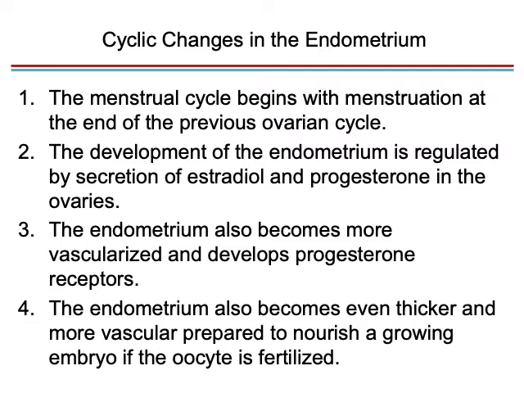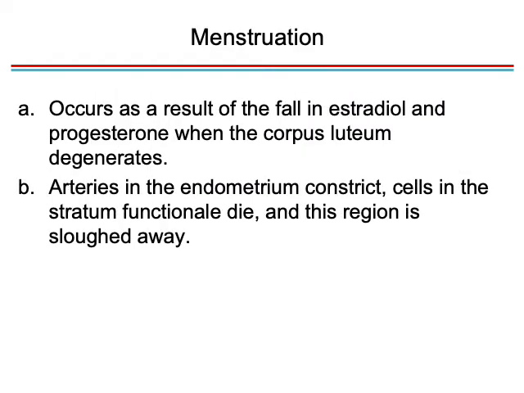Correspondingly, there is an increase in the development of capillaries to feed this growing endometrium, again preparing it for fertilized egg attachment. When the corpus luteum degenerates, it stops producing estrogen and progesterone, causing menstruation.